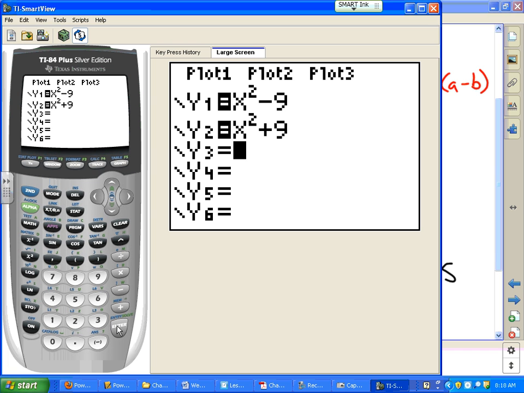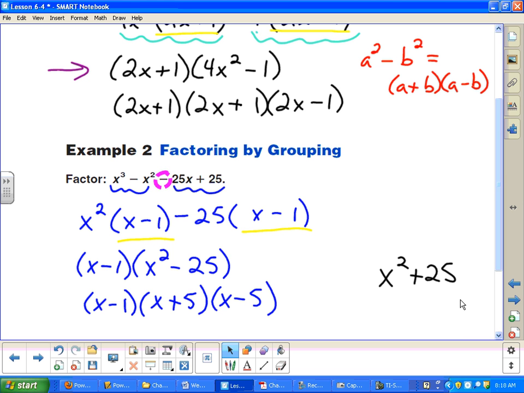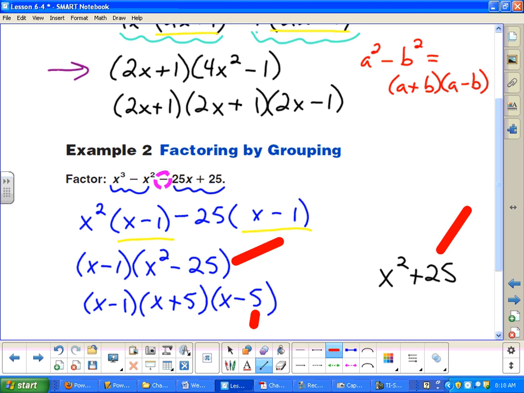Now, if this was factorable, that means that there are going to be zeros, right? Since this one is factorable, I have zeros at positive 5 and at negative 5.